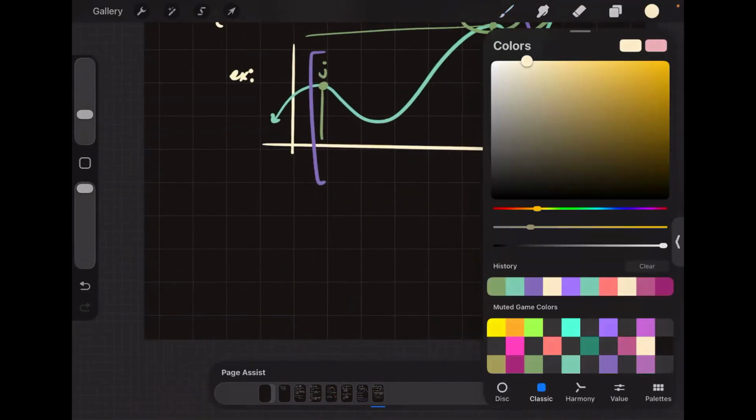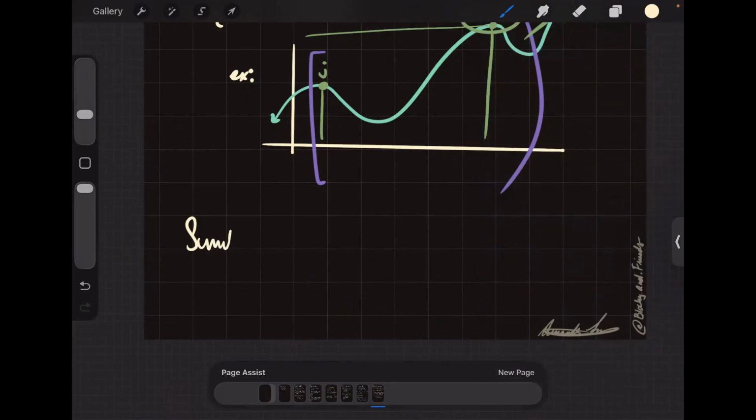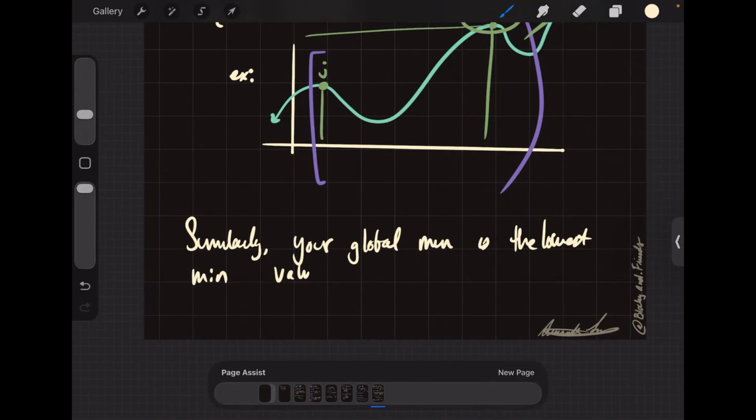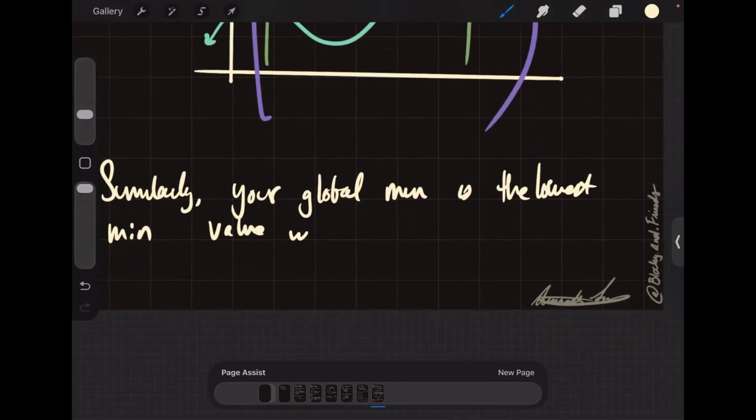Similarly, your global min is the lowest minimum value in your interval. Okay?